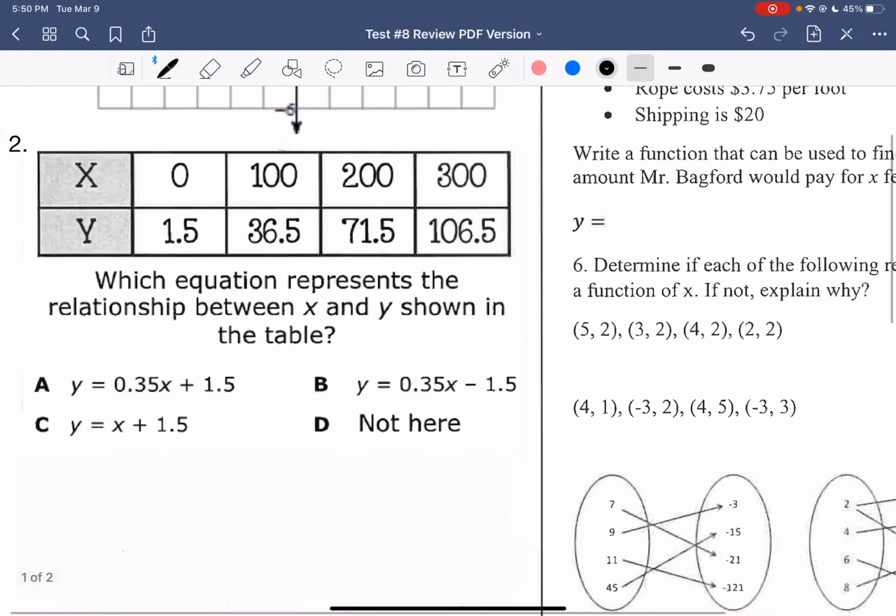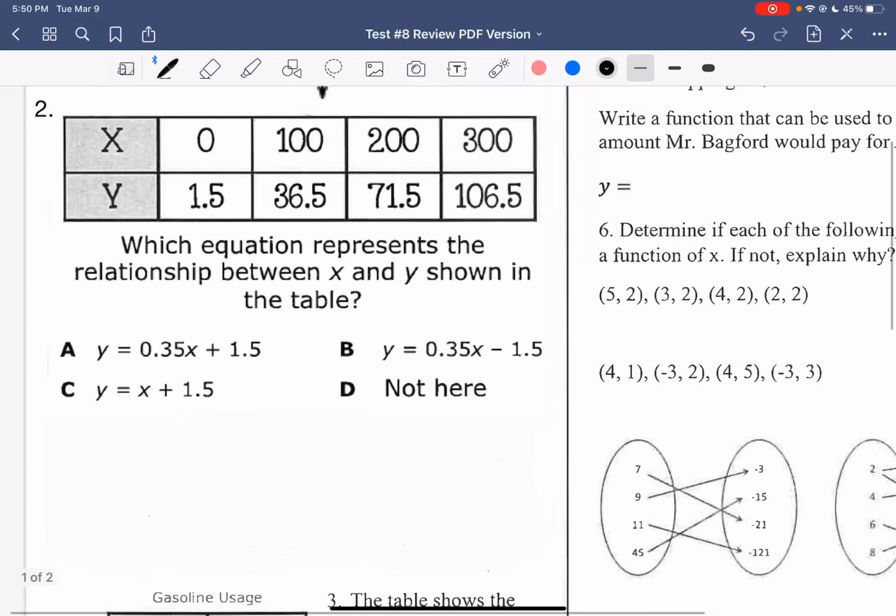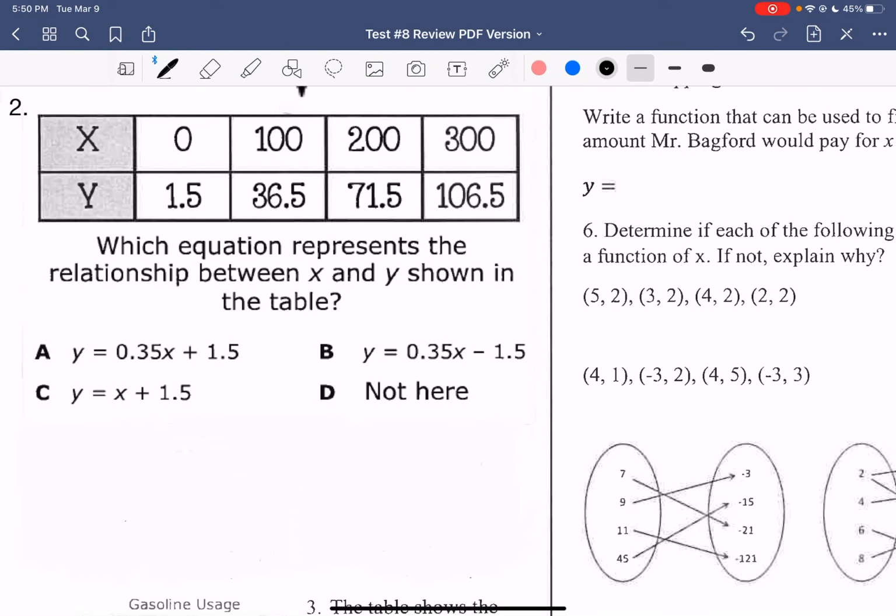All right, number 2. Which equation represents the relationship between x and y shown in the table? So in order to find, again, an equation, we're needing to find a slope, which is m, and a y-intercept, which is b.